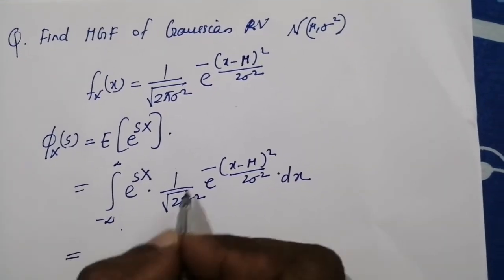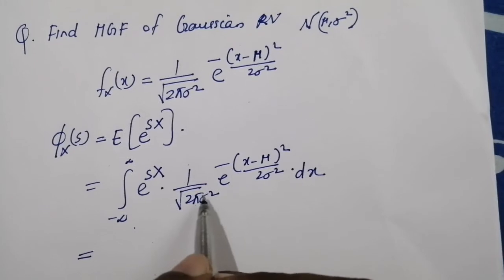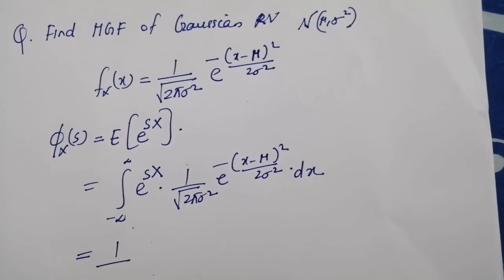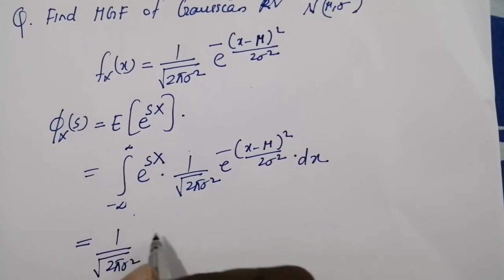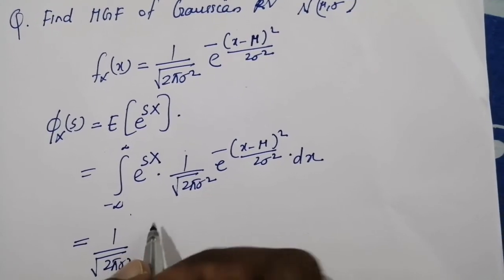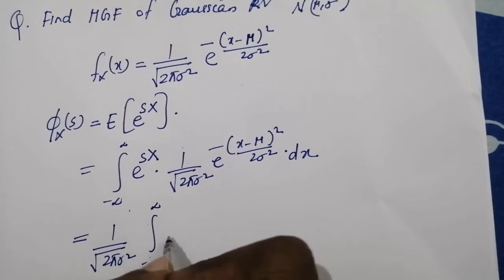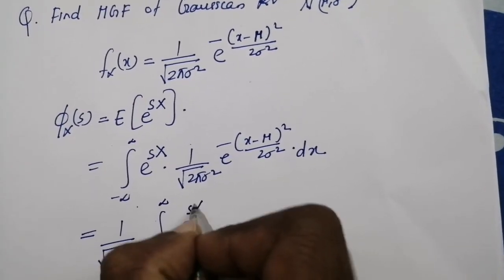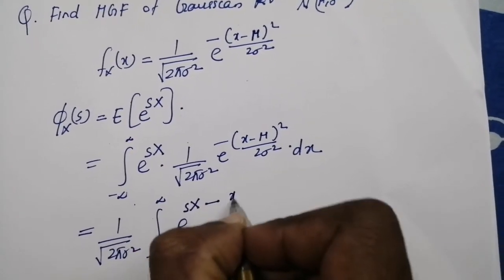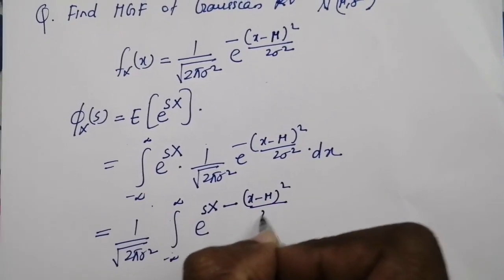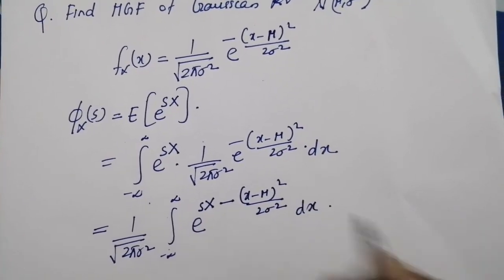So I am taking 1 by root of 2 pi sigma square outside: 1 by root of 2 pi sigma square into the integral from minus infinity to plus infinity of e raised to sx minus (x minus mu) the whole square by 2 sigma square dx.